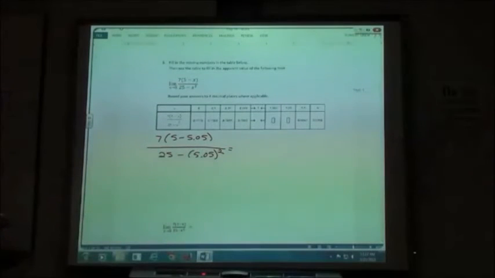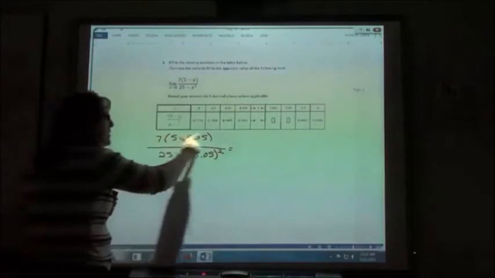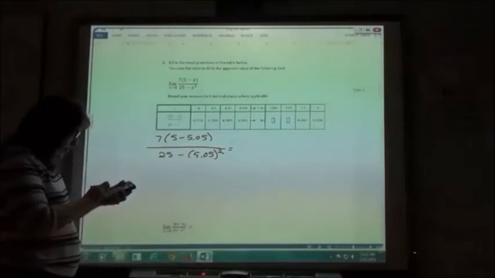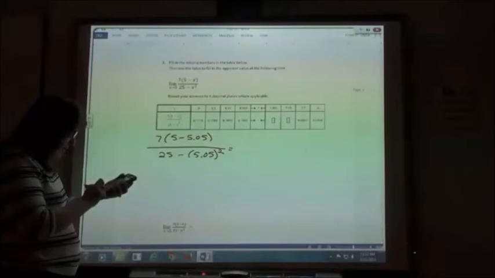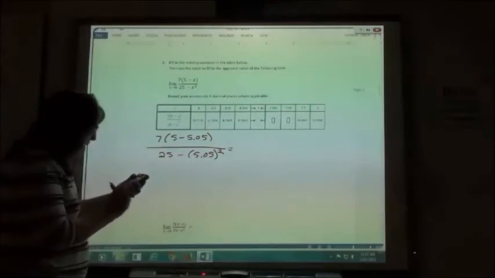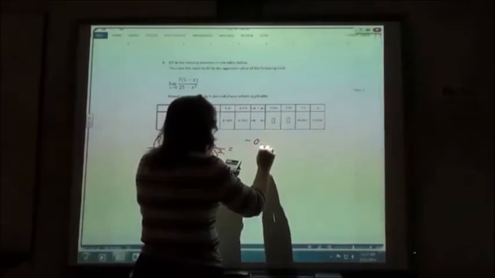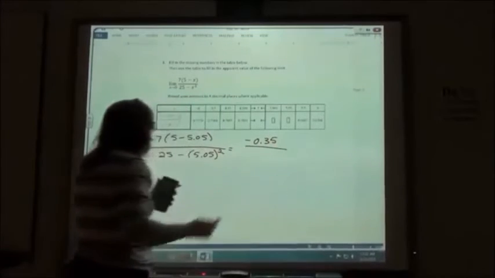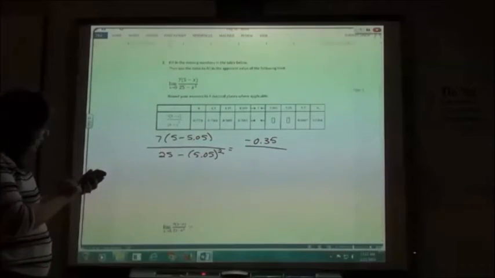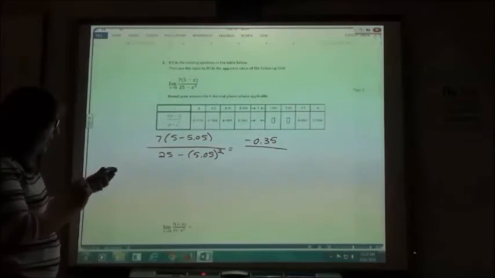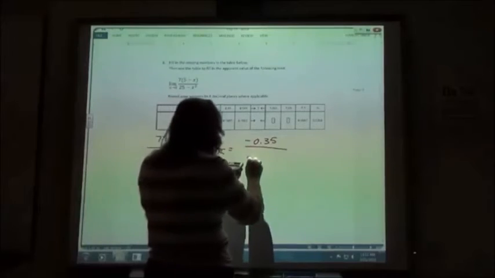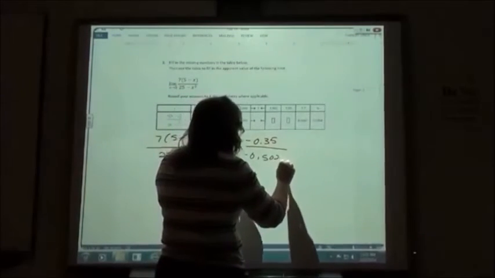Again, I'm going to do the top separately from the bottom. I don't have any weird square roots or anything, so I should just be able to type in the whole top. So 7 parentheses, 5 minus 5.05, close my parenthesis, gives me negative 0.35. On the bottom, 25 minus parentheses 5.05, close my parentheses and square that, would give me negative 0.5025.